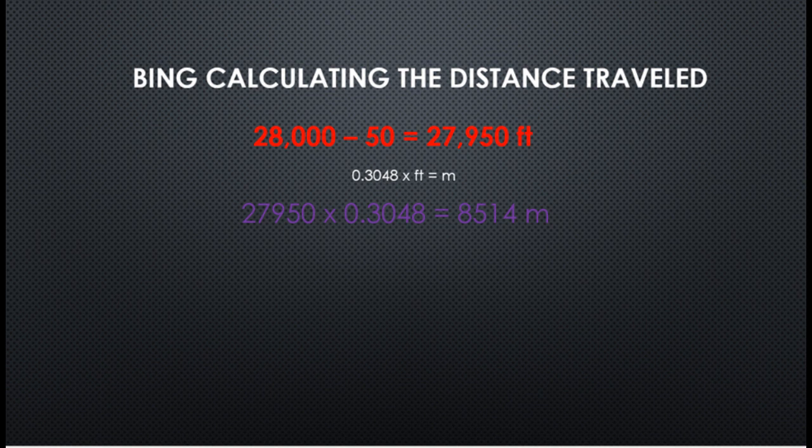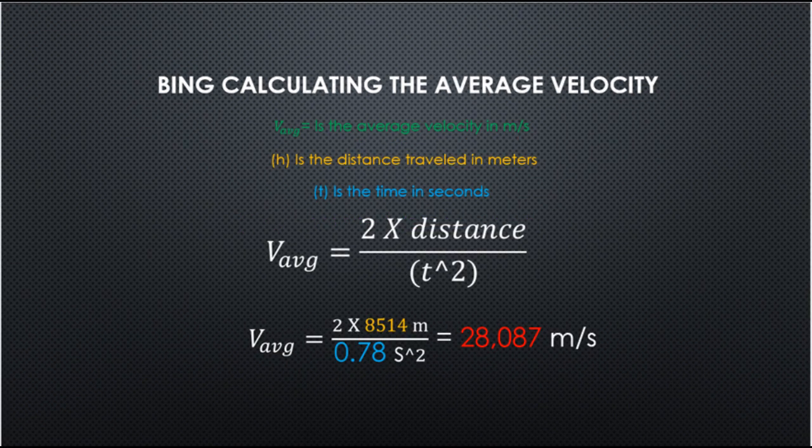The change in altitude, \delta H, is 27,950 feet, which we need to convert to meters. 1 foot equals 0.3048 meters. \delta H equals 27,950 feet times 0.3048 meters per foot equals 8,514.46 m. We don't have the final velocity, but we can estimate the average velocity, v_average, during the descent.